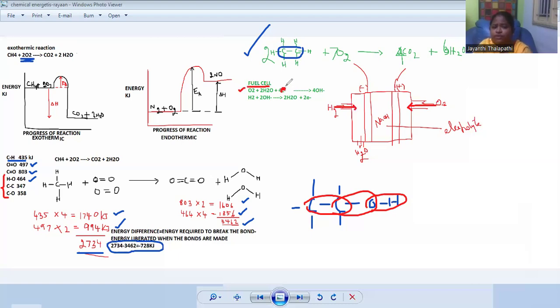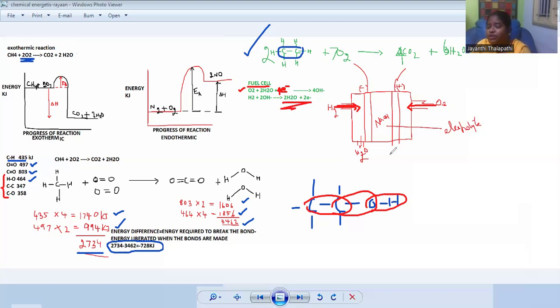Oxygen, when it enters, reacts with water molecules and gains electrons. That is why we call it a reduction reaction, which leads to 4OH minus. You might have seen the same reaction in electrolysis, where you get oxygen as a product, the other way around. So over here you get 4OH minus. That OH minus reacts with the hydrogen which enters the cell this way, so it leads to water.